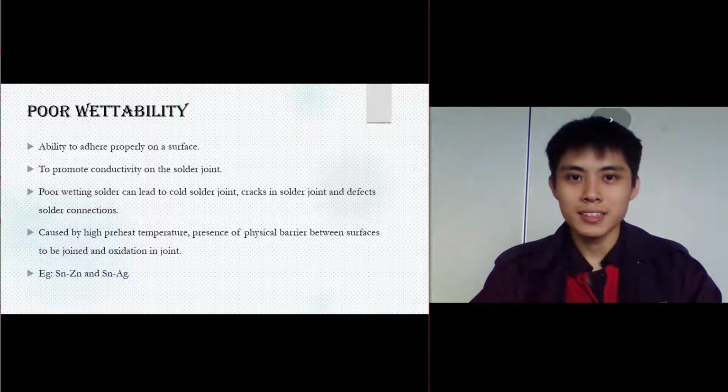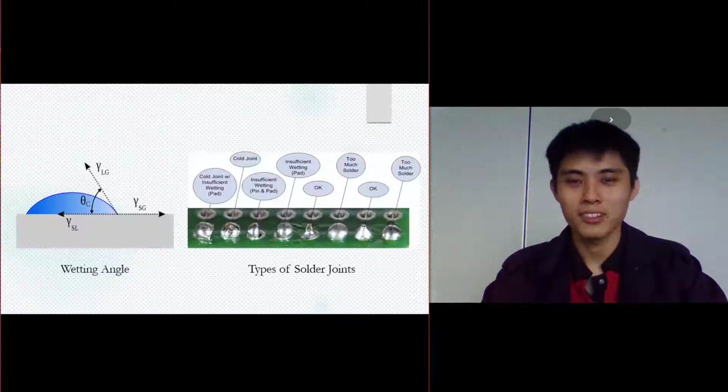For example, tin zinc and tin silver solders have poor wettability. The figure on the left shows the wetting angle. The angle theta cannot be more than 90 degrees to have good wetting properties. And the figure on the right shows all types of solder joints that could happen.